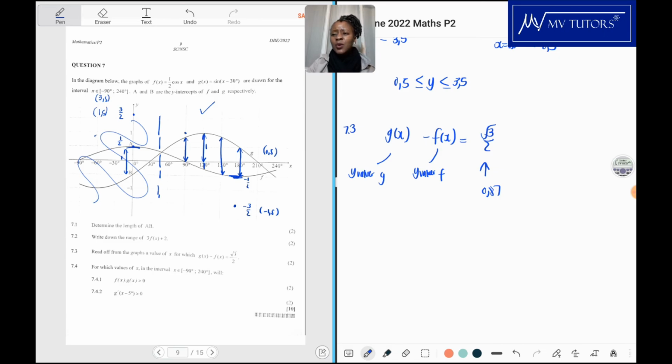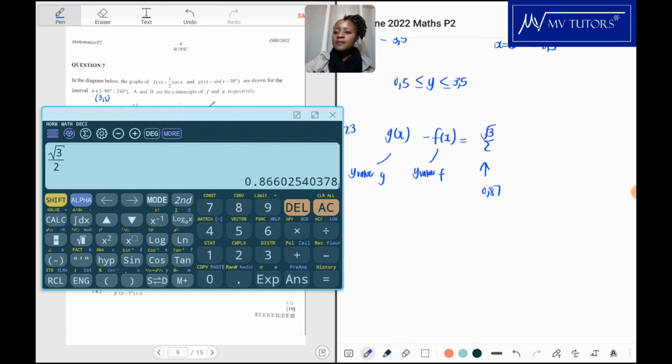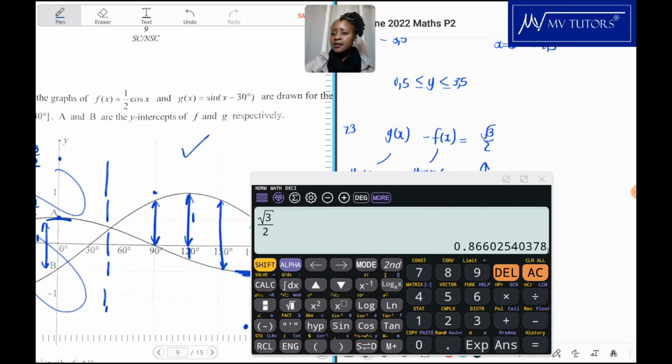Long equation, but let's do it. So it's g minus f, right? So for g, I have sine 90 minus 30, and then I'm subtracting a half cos 90.